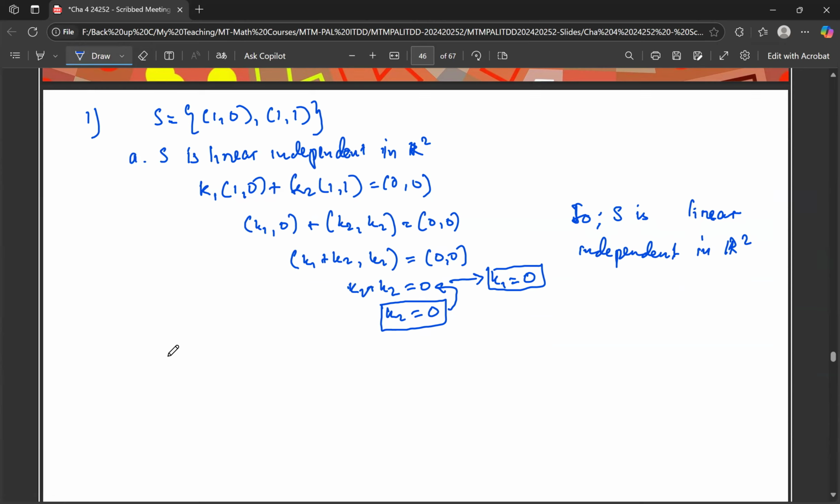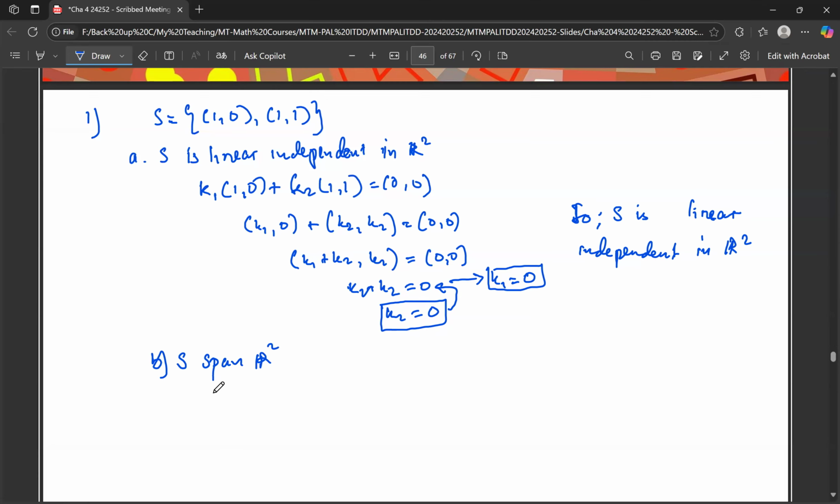And now the second claim. Jadi kita klaim dulu, kita nyatakan dulu ya, dia bebas linear, tapi kemudian kita buktikan. Yang kedua juga gitu, S spans R2.